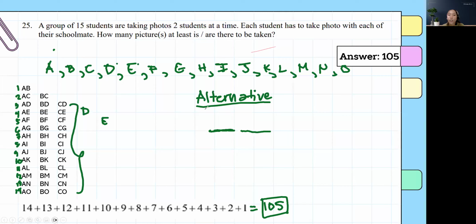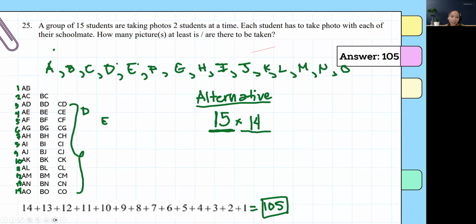It's only for 15 students, right? So we put 15 on the first one. Every one of the 15 is going to take a picture with someone else, and that someone else must be except themselves, so that would be 14 only. All right?